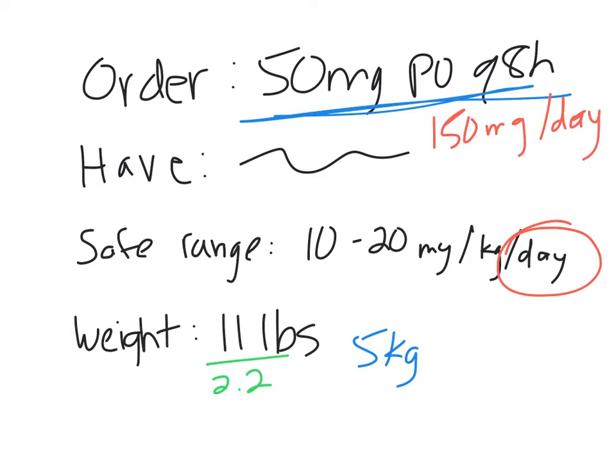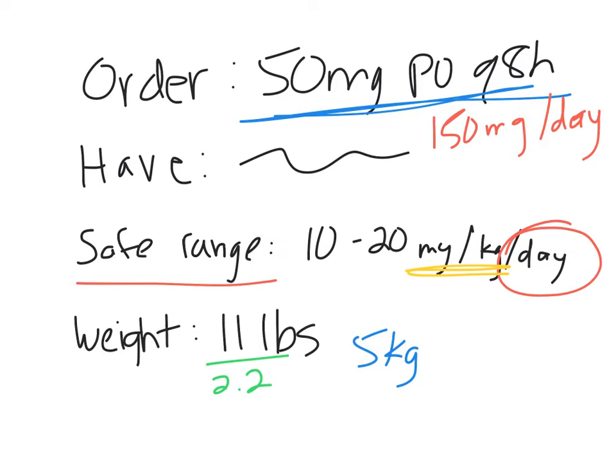Well, we need to double check to see if that is safe for our patient. For our patient who weighs 5 kilograms, the safe range says that for anybody taking this drug, it is safe to take 10 to 20 milligrams per kilogram. So there's the per kilogram. We have to incorporate our patient's weight into these two numbers.